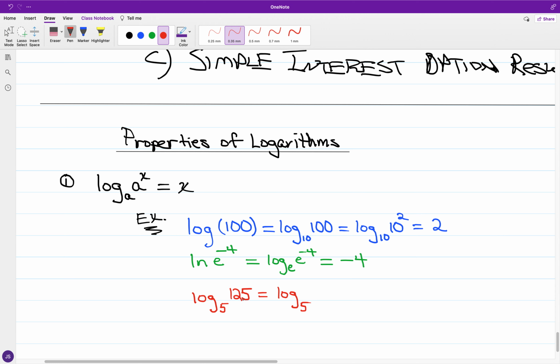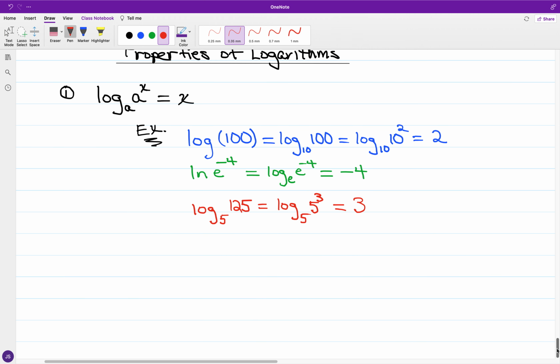So 5 times 5 is 25, times 5 is 125. So 125 is 5 cubed. And so rewriting this to where we have the matching exponential and logarithmic bases, here a is represented by 5 and x is 3. And so 3 is going to be the outcome in this one.